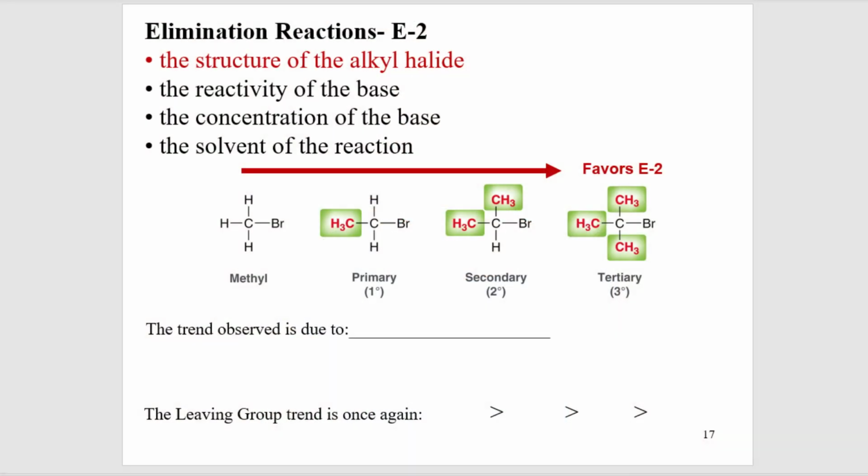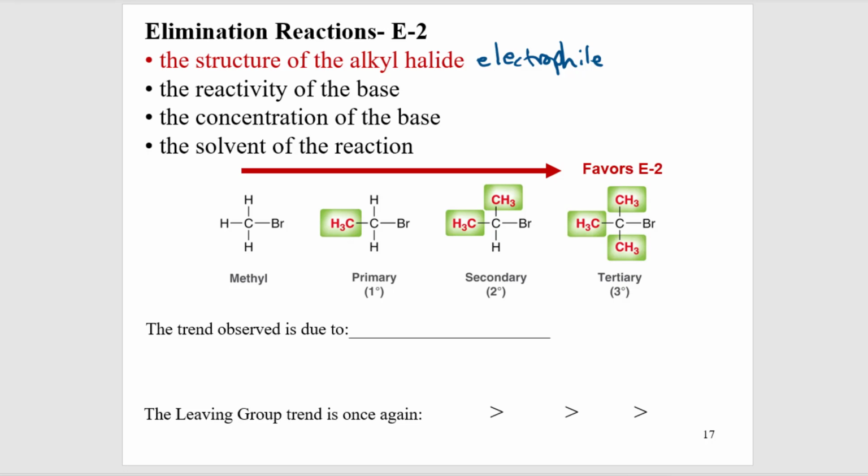So what's important with E2? Well, the electrophile, the alkyl halide, right? You'll notice that the trend is literally the opposite of SN2, but the same as SN1, but for different reasons.